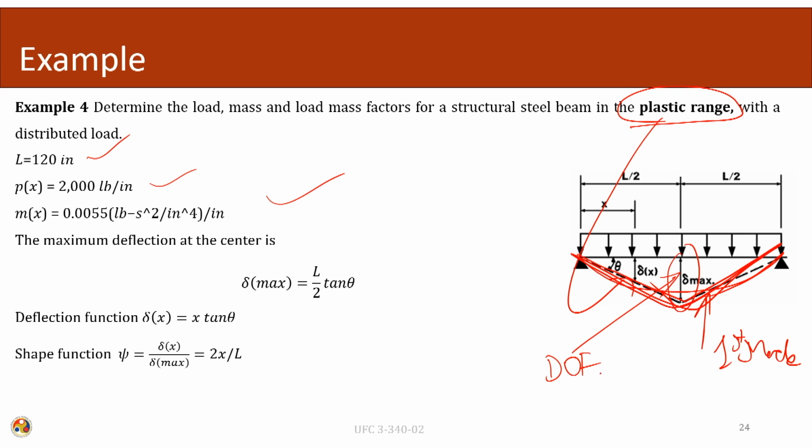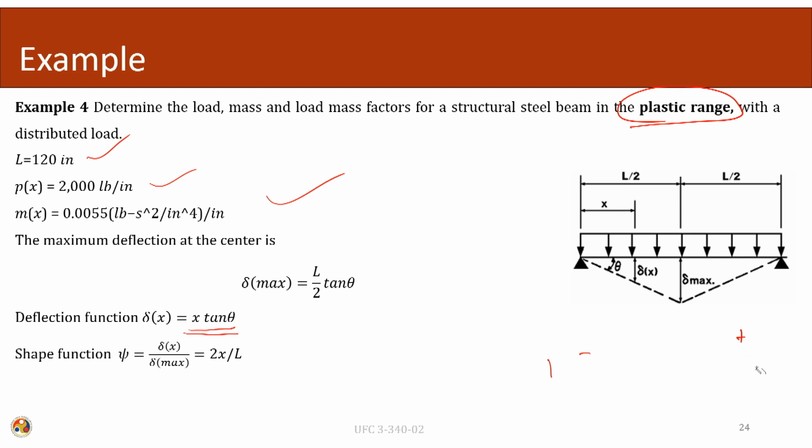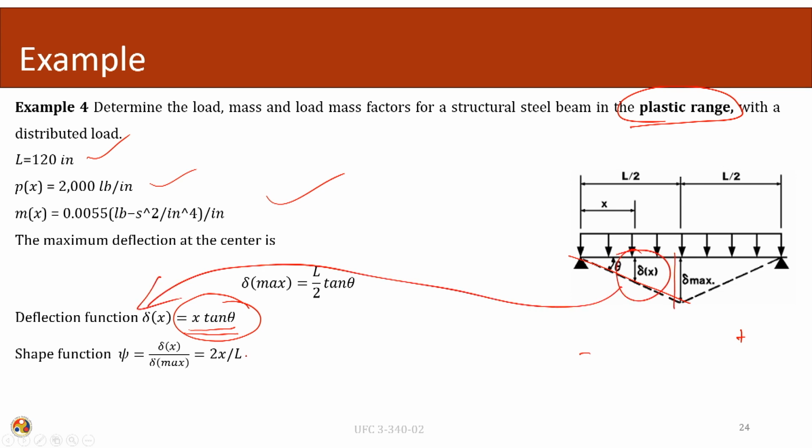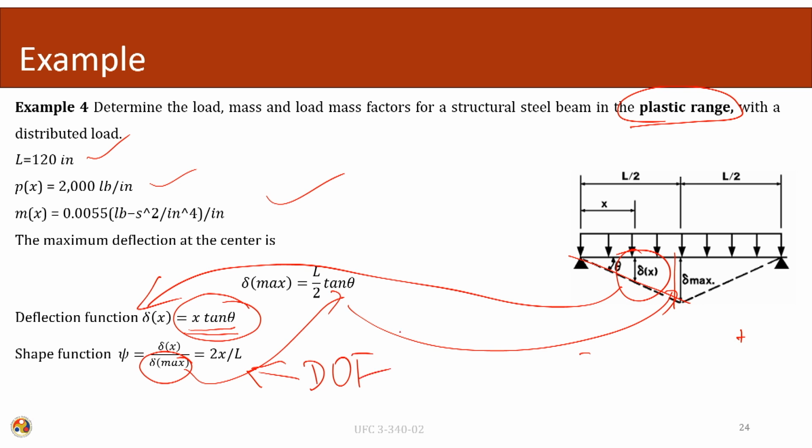So, the deflection function earlier was given by an elastic curve, now it is being given by a plastic curve. So, x equals x tan theta. This is giving my equation. And again it is being normalized with the x max, that is the maximum deflection at the center. So, this is my degree of freedom quantity and this is my mode shape quantity.